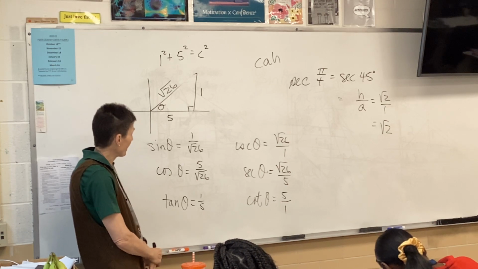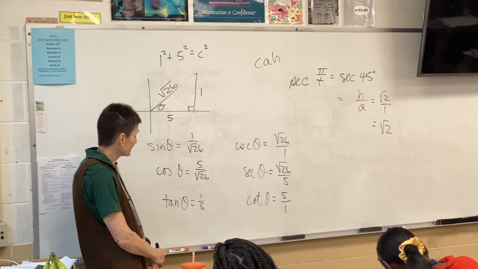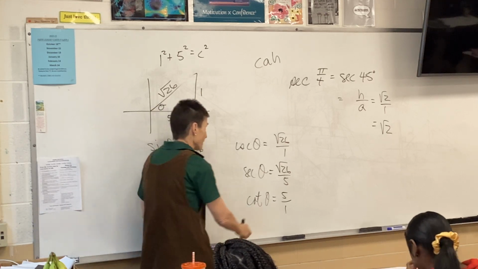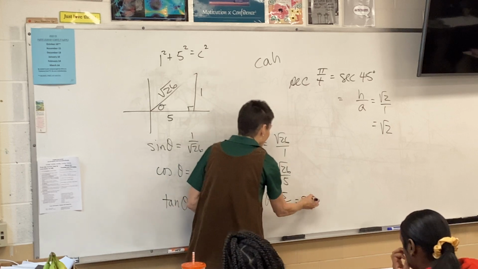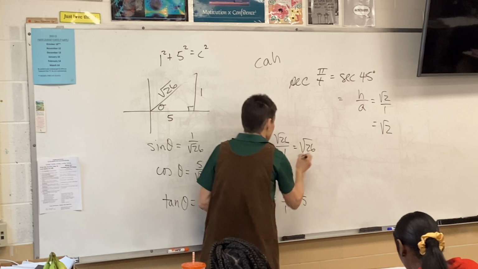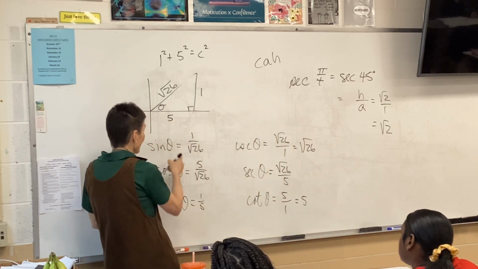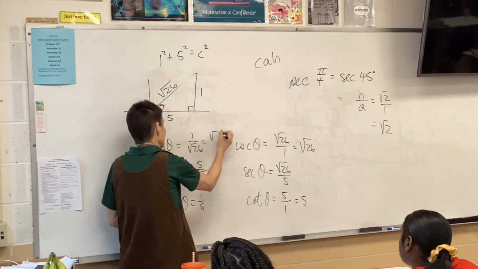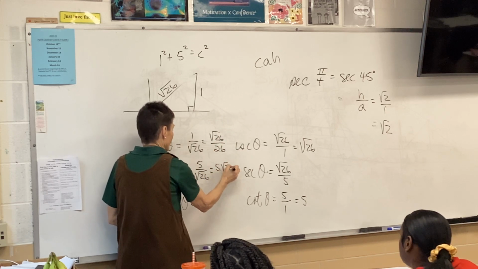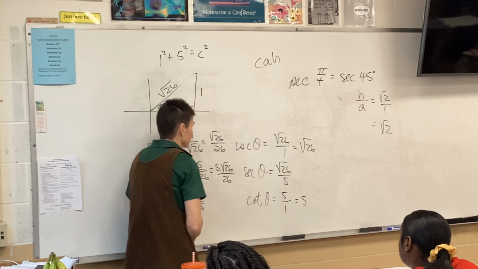Once you get all that done, go back and clean up anything that needs cleaned up. So things like 5/1, that's just 5. Root 26/1, that's just root 26. Radicals in the bottom, don't like them. Clean them up.